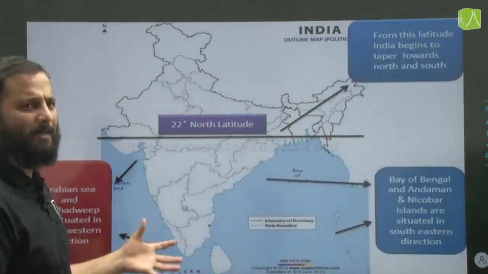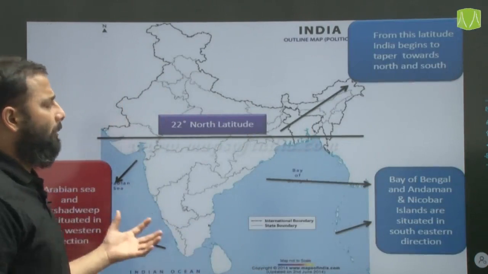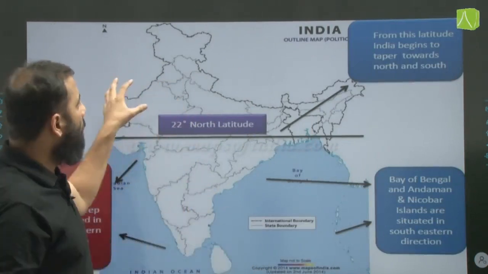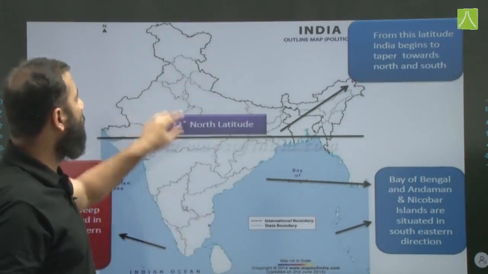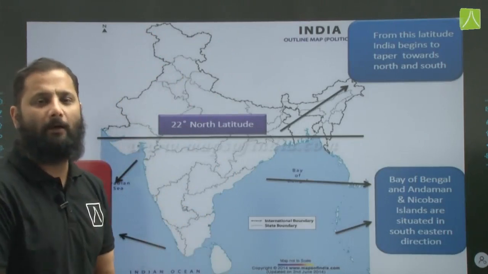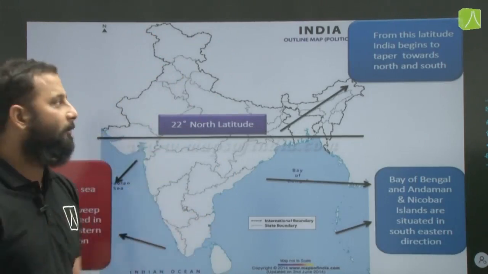So this chapter is more about data, and for note making you can just take a map of India and write all the features or pointers which are given here, and prepare notes for this chapter on just one map.